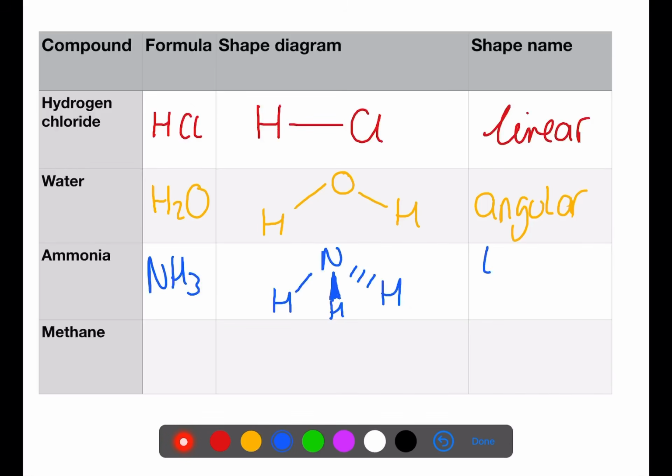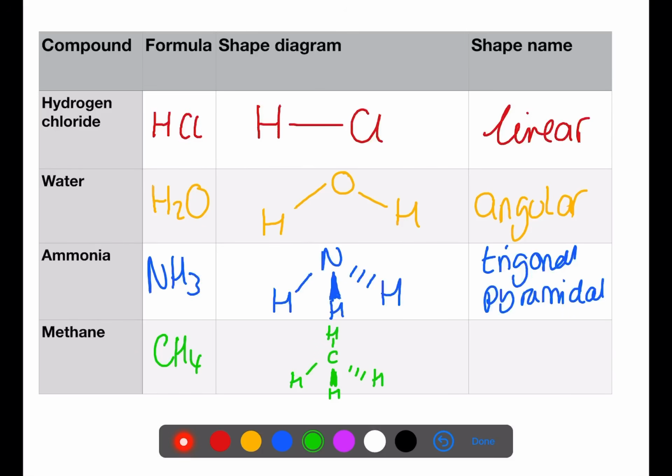This gives us a trigonal pyramid. And then finally, methane is CH4. This is a tetrahedral shape.